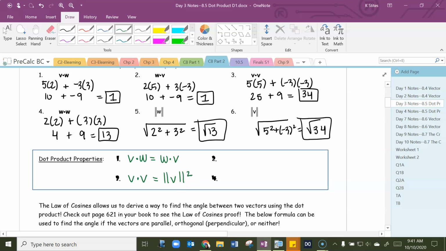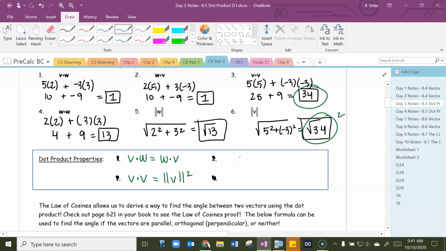Let's look at that. When we did v dot v, we got 34. When we did the magnitude of v, we got root 34. So if we square that magnitude, these will be the same number. That was number 3.